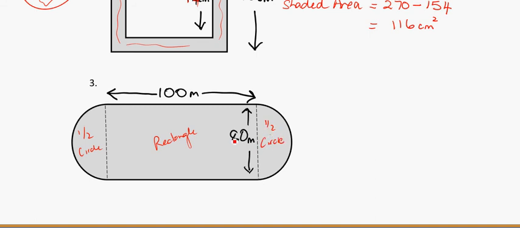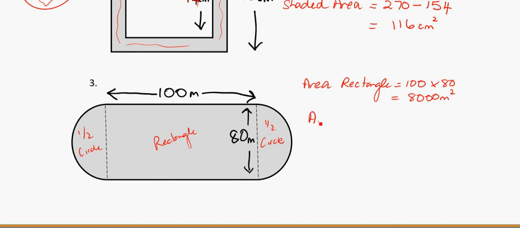Now the two half circles can be put together to make a full circle. So let's go with the rectangle first. Area of the rectangle equals 100, base times height, 100 times 80, which is 8,000 meters squared.